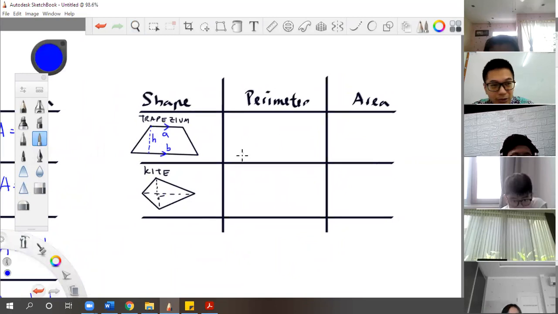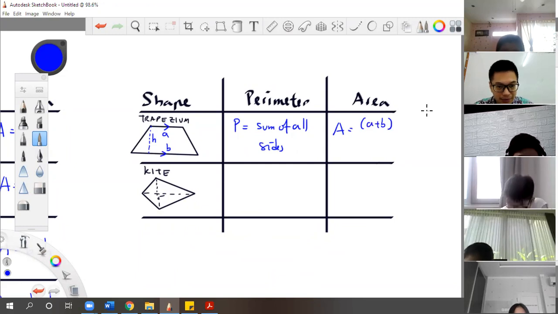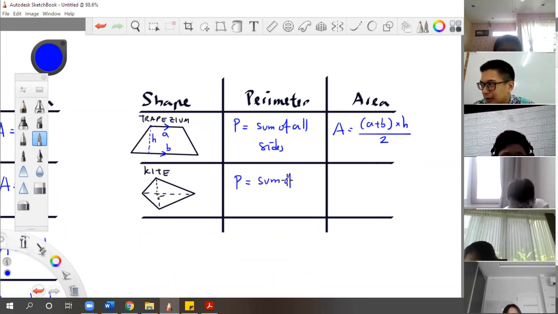The perimeter also, we don't have a specific formula. The perimeter will equal the sum of all sides. But for the area, bracket A plus B, you add the A and B first, the two parallel sides, times the height and divided by 2.